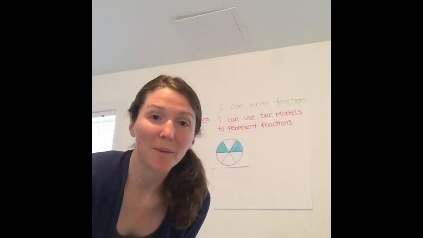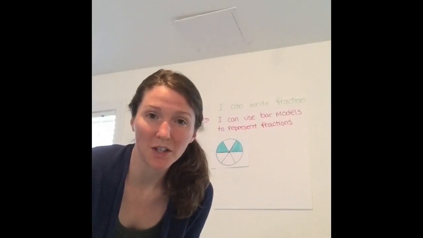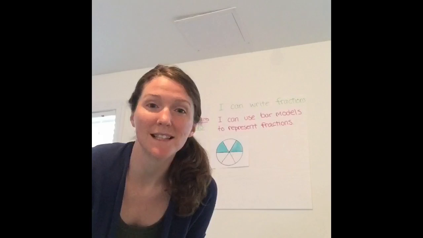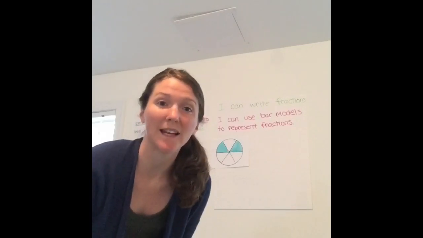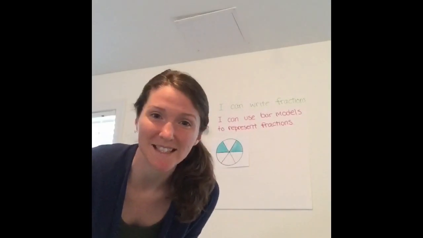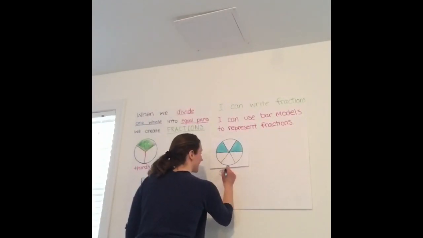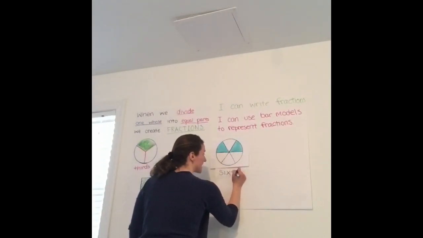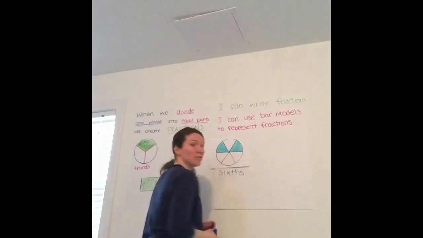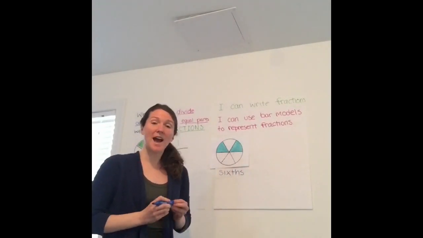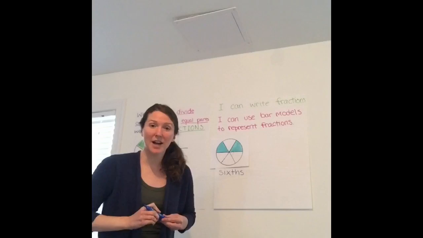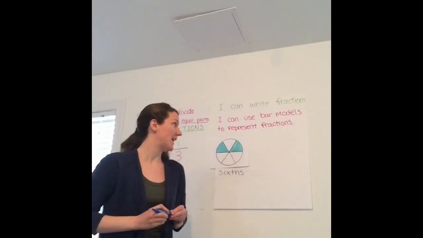All right, so now we have one whole circle that was divided into 6 equal parts. It was divided into sixths. I'm going to write that, sixths. And we need to write a fraction to represent how many sixths are colored in.